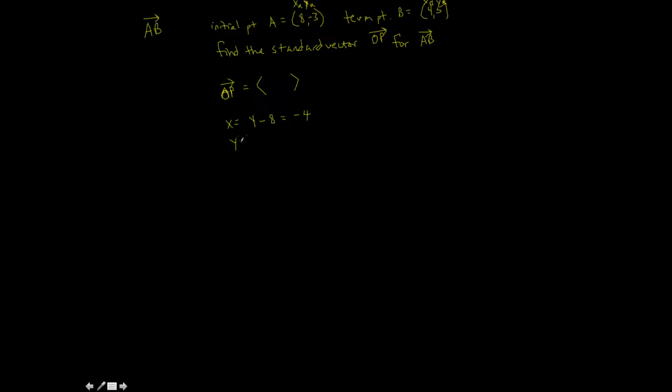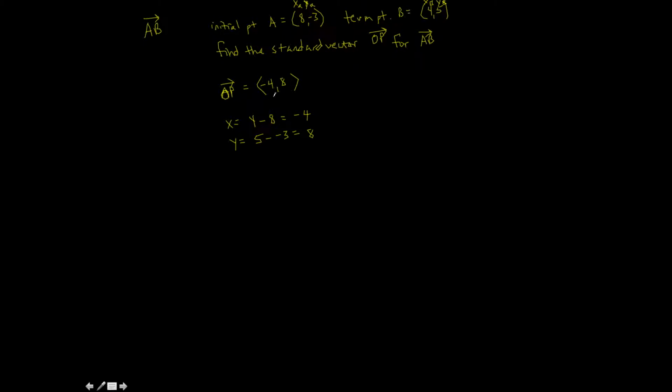And the y coordinate is going to be 5 minus -3, which is 8. So our standard vector OP is -4, 8, the coordinates of P.